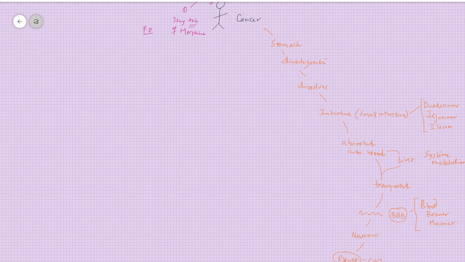So what's important to remember here is in the intestine. Let's imagine this is the intestine. It gets dissolved here.